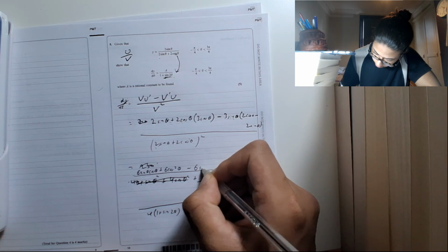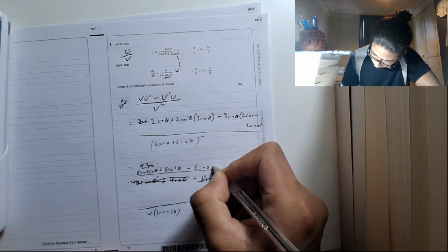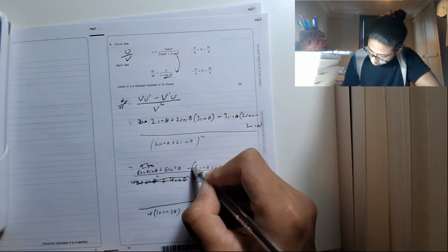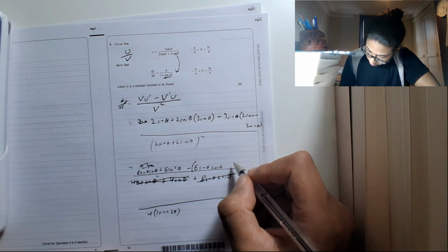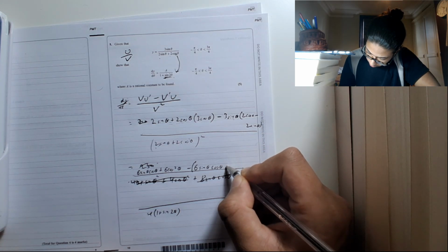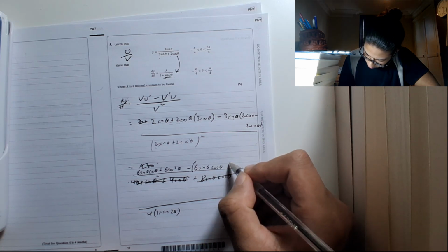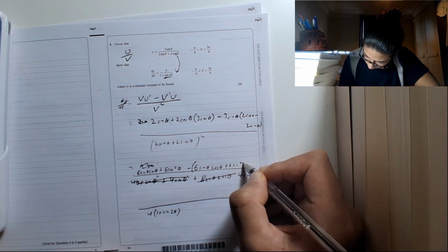Okay, yeah, this is going to cancel, it's good. 6 sine theta, there's a big bracket here. And then we times this by this. Plus 6 sine squared theta.